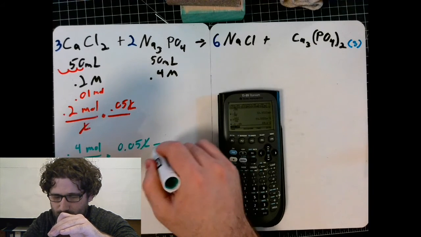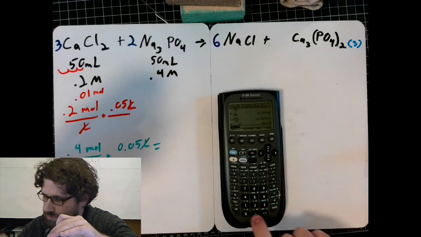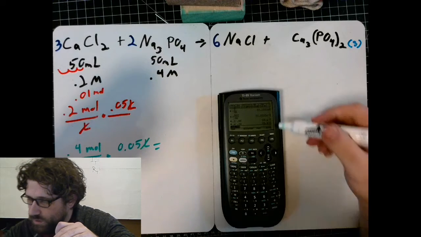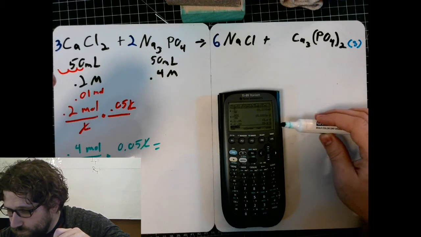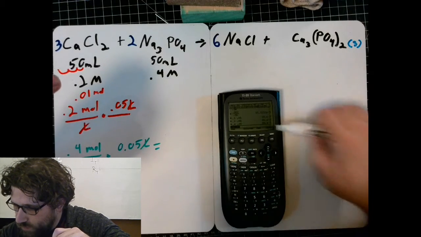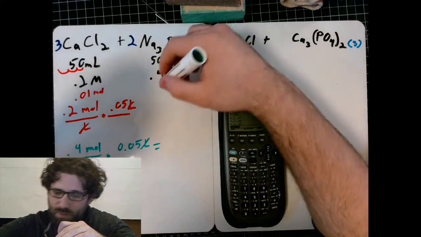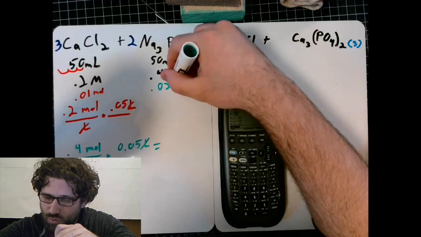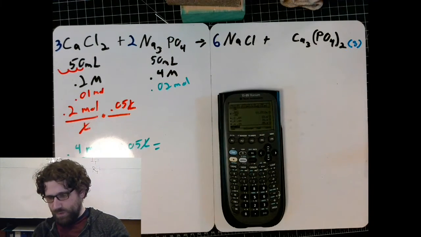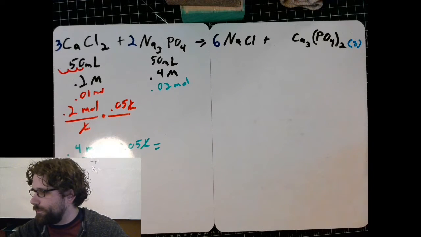Liters cancel out, so I can do 0.4 times 0.05. Wouldn't you know it? Oh, wrong. So 0.02 moles. There we go. All right, should get rid of that glare.